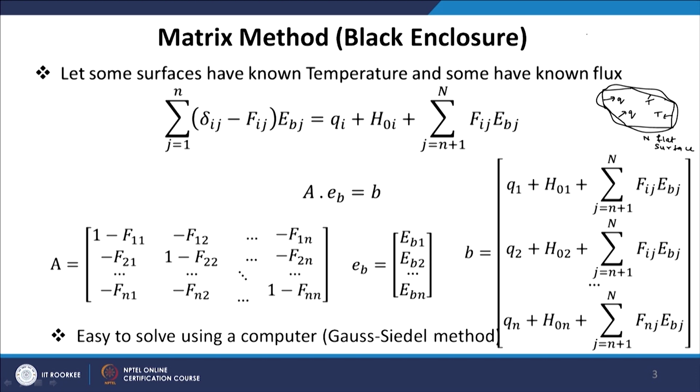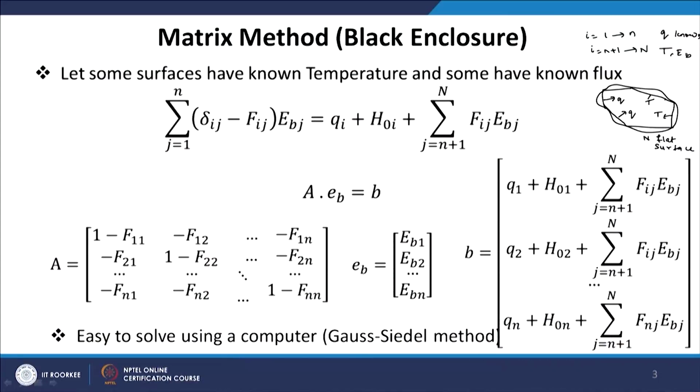So, let us say for i equal to 1 to small n we know Q values, and for i equal to n plus 1 to capital N, the temperature is known, that is emissive power is known, but the flux is not known. So, total number of unknowns will be capital N, and some of these unknowns may be heat flux and some may be temperature.